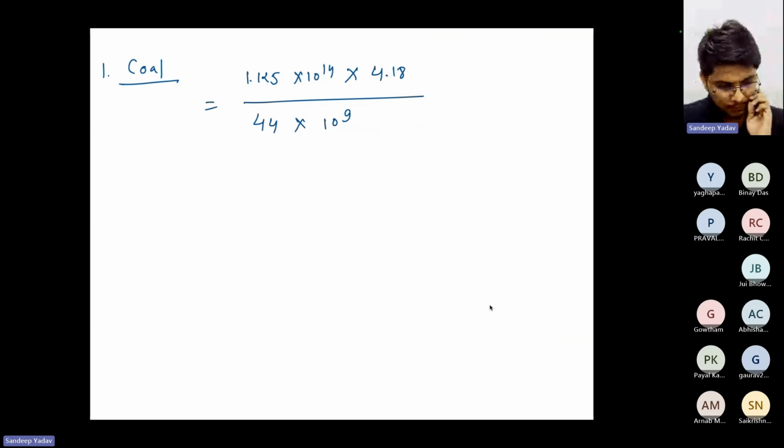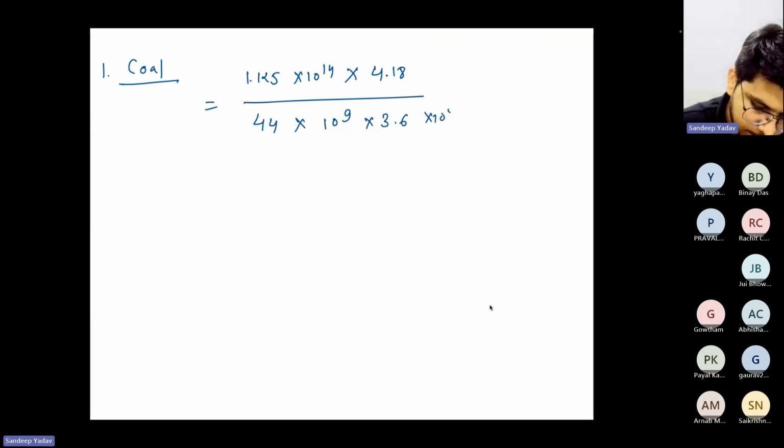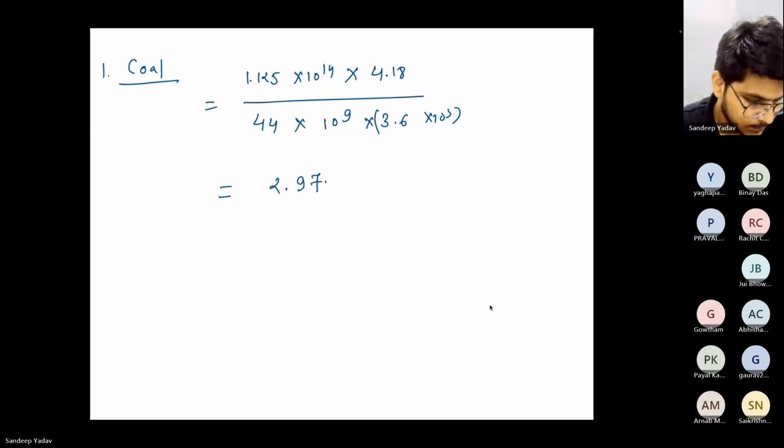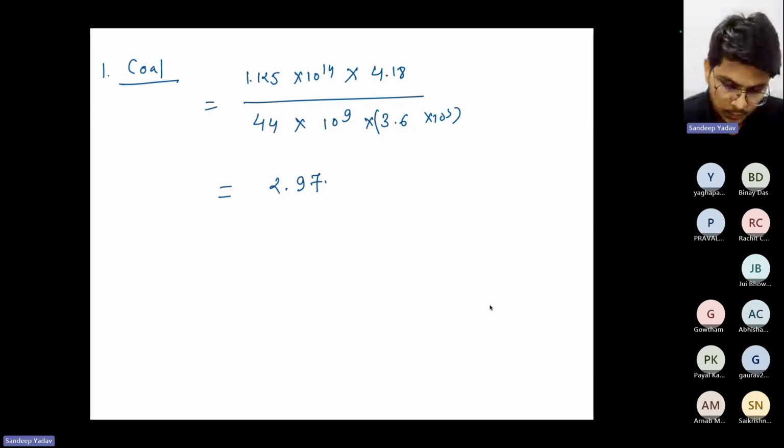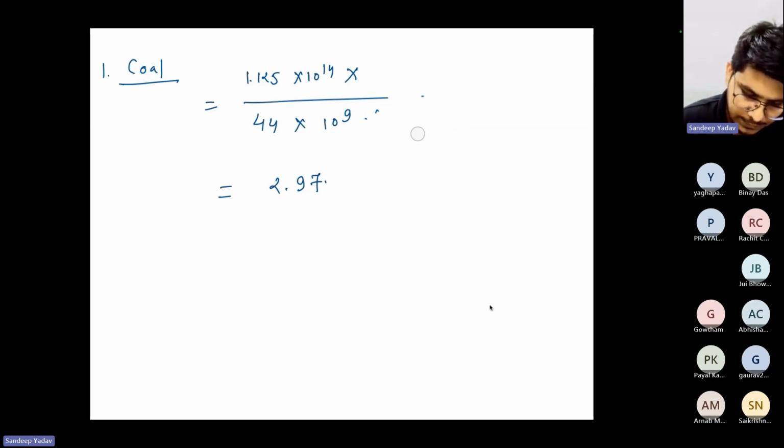Here I'm not multiplying any conversion factor because we just need the same units, kilocalorie per kilowatt hour.